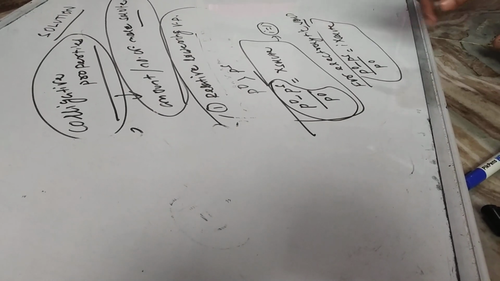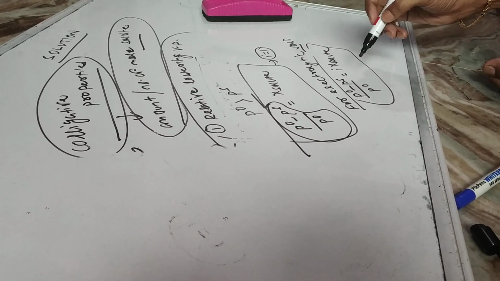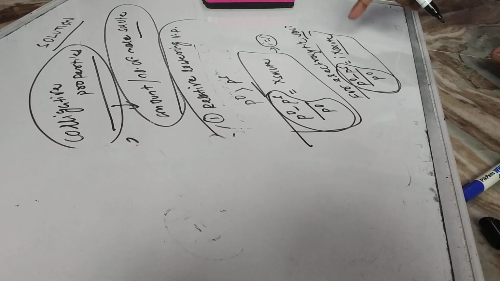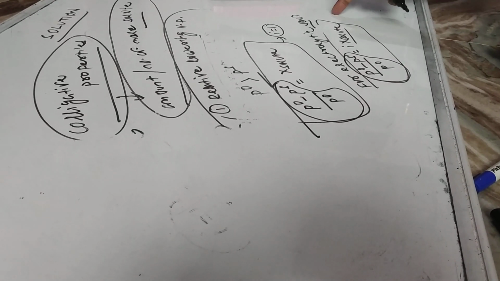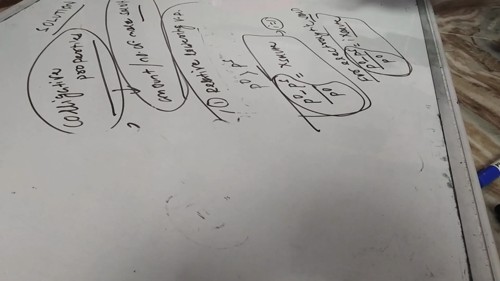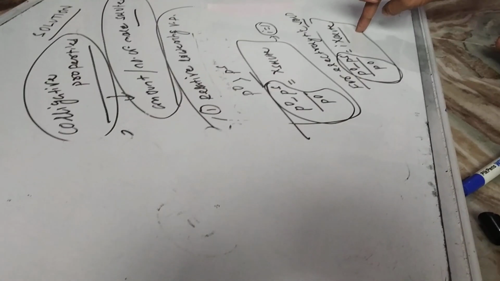So that is for the electrolytic solution. And remember why it is called a colligative property: because the relative lowering of vapor pressure depends upon the mole fraction of solute, and we know mole fraction of solute is individual moles of solute by total moles. So that indicates that the relative lowering of vapor pressure depends upon the number of moles of solute. As it depends upon the number of moles of solute, it is a part of colligative properties.